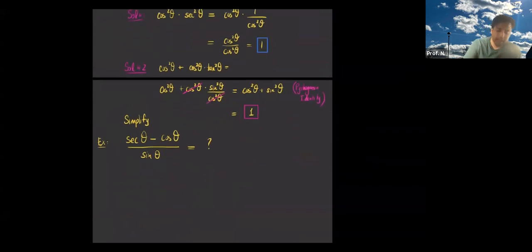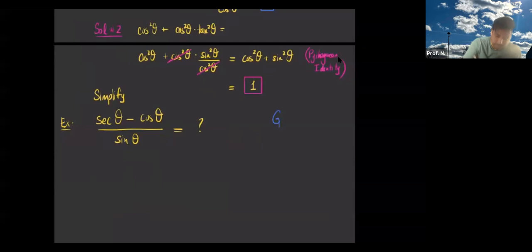So some guidelines, I would say, or I should say, some advice on simplifying is to do the best in reducing or rewriting trig expressions in terms of sine and cosine.